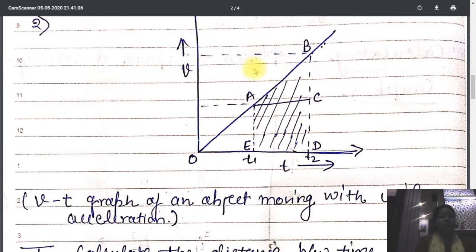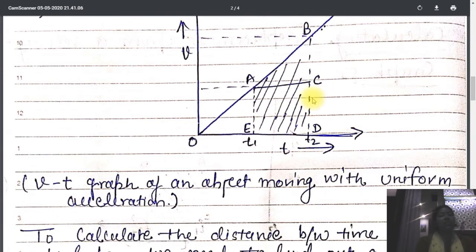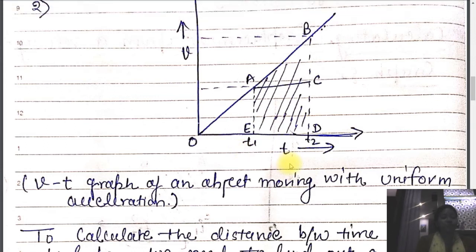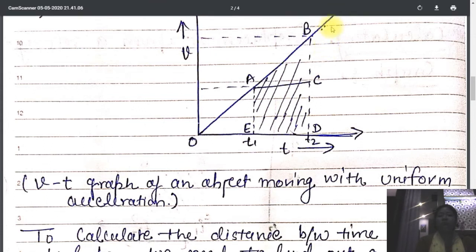Now in that particular case, if we want to calculate the distance traveled by an object having this type of graph between velocity and time, during the whole journey or during a particular interval of time: if we calculate the distance traveled during the whole journey, we have to calculate the area enclosed under the whole graph.